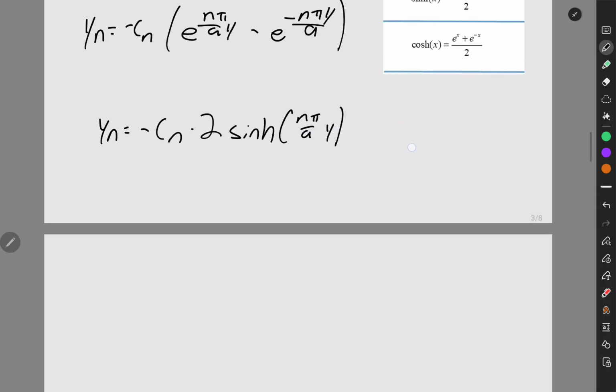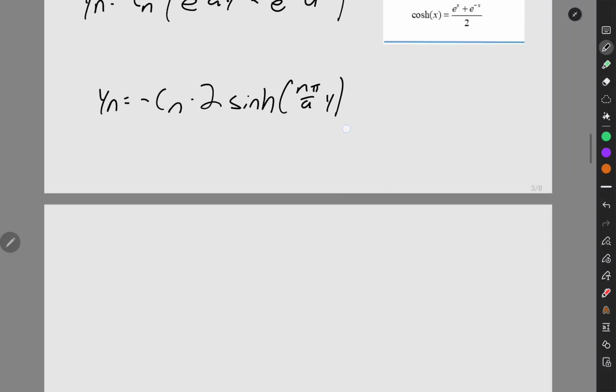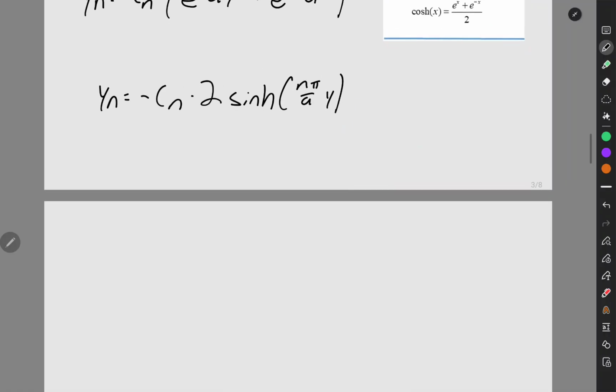So this is where it gets weird, you know. Now, in this exact moment here, basically, all that's going to happen here is just 2 and a cn are going to combine and create a new constant. So I like to call it cn prime.